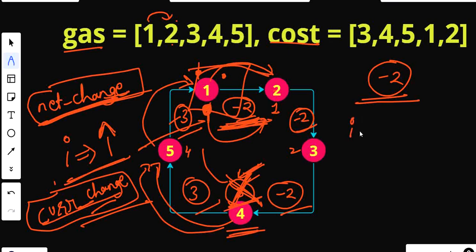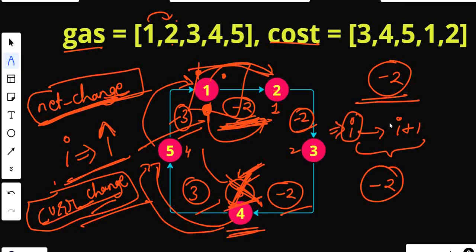So if I to I plus 1 is giving a negative net change, that is -2, in that case I know that I won't be able to start my traversal from I. I need to start my traversal from I plus 1, or I need to check whether I will be able to start my traversal from I plus 1 or not.